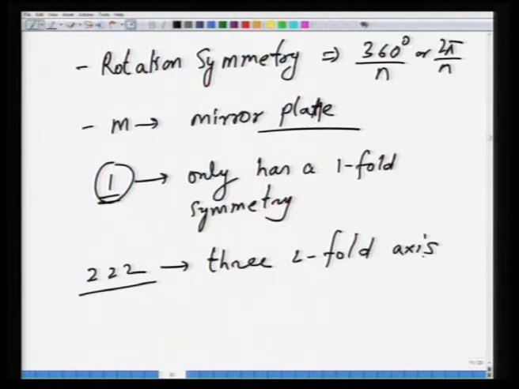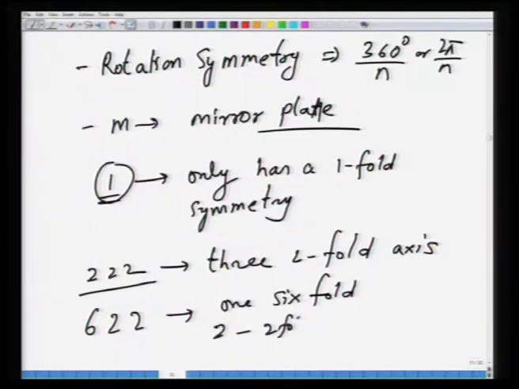And for instance, if you have something like 622, this has 1 six-fold and 2 two-fold axis symmetry.